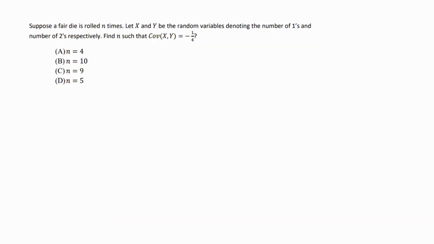So the next question is that you have a fair die rolled n times, and then x and y are the random variables denoting the number of ones and the number of twos. You have given covariance of x y is equal to minus 1 by 4.